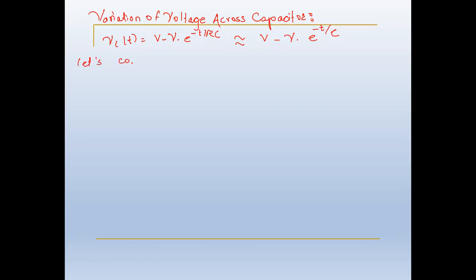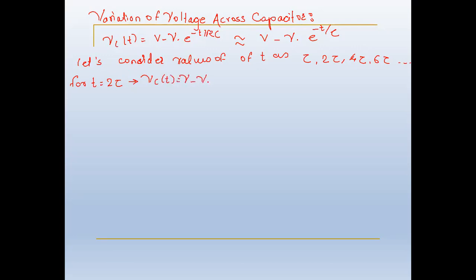So to plot the variation of voltage across the capacitor, let us consider the values of t as tau, 2 tau, 4 tau, 6 tau, and so on. Okay, so for t is equal to tau, Vc of t is equal to what?